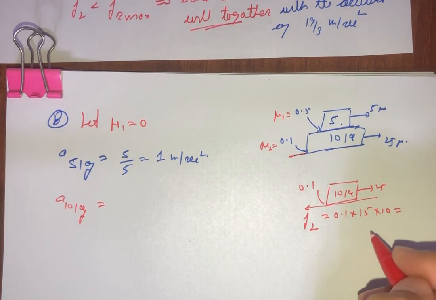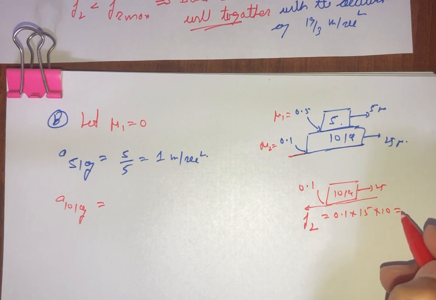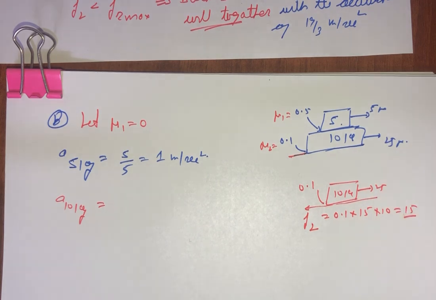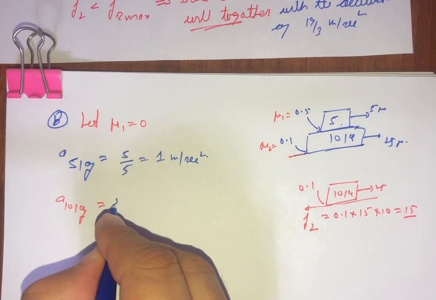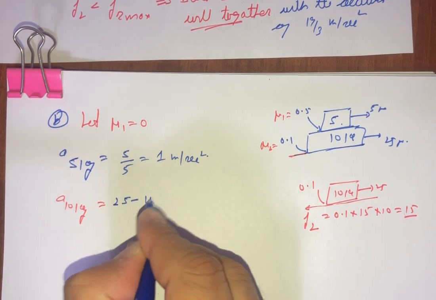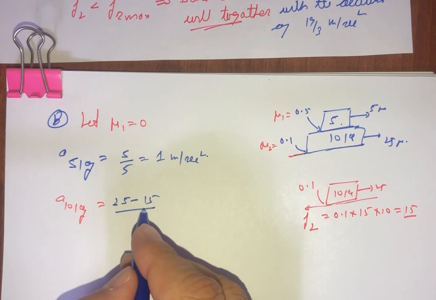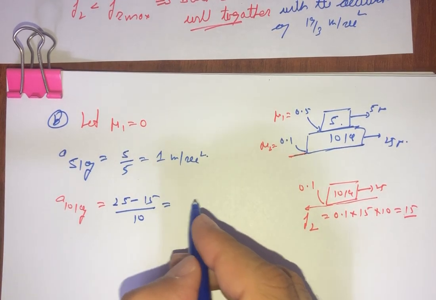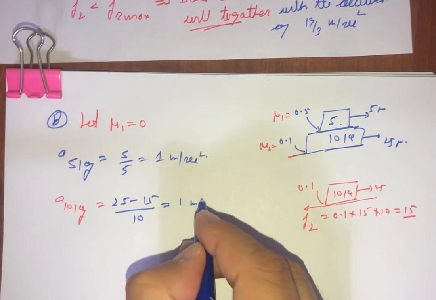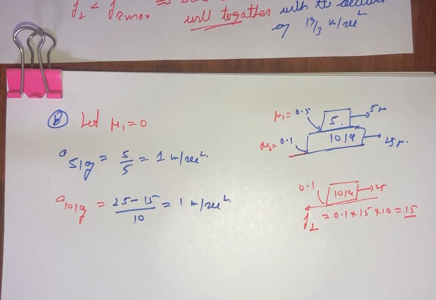So this will be coming as 15. We can say that this will be 25 minus 15 divided by 10, which gives 1 meter per second square.